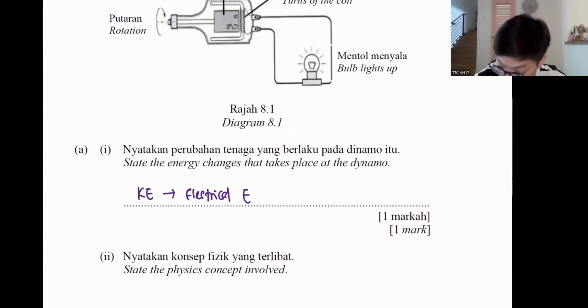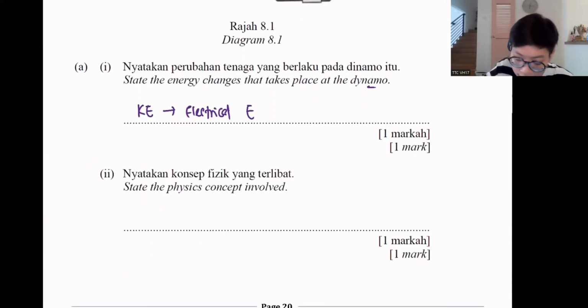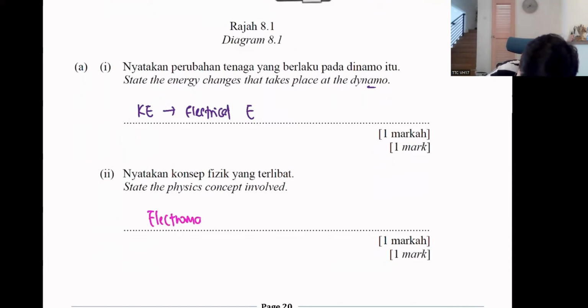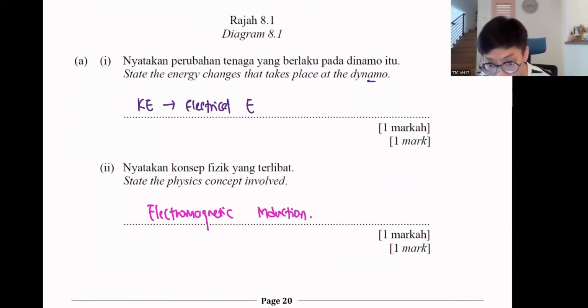No need, because they want the dynamo. It's not the light bulb, it's just the dynamo. So what is this physics concept known as? We call this electromagnetic induction. This is electromagnetic induction. All right? Then we go to the next page, which is page 21.